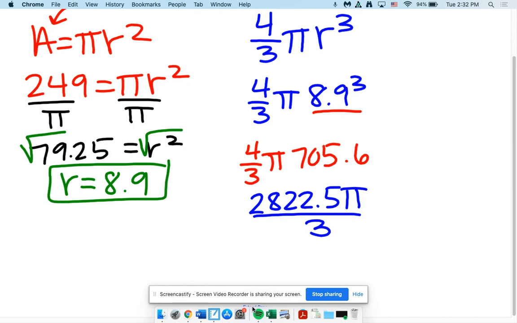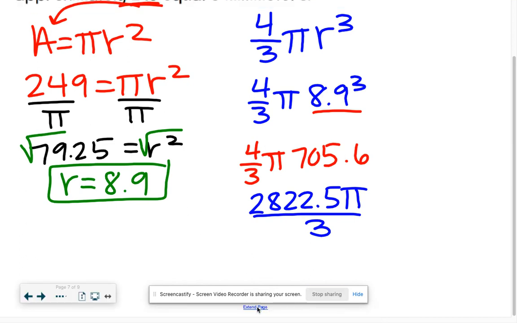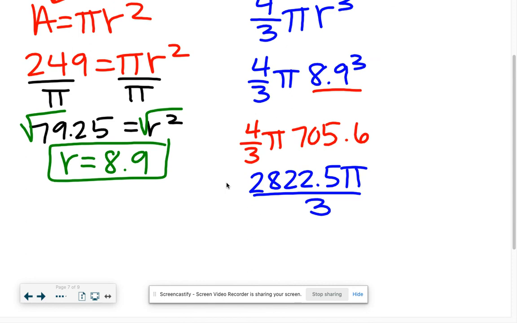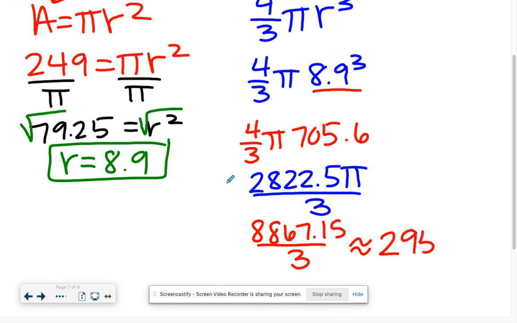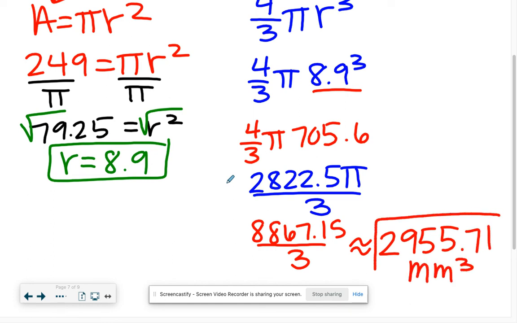Now I'm going to take that 2,822.5 and multiply it by pi. So 8,867.15, then divided by 3 for an approximation of 2,955.71 millimeters, and that's volume, folks, cubed.